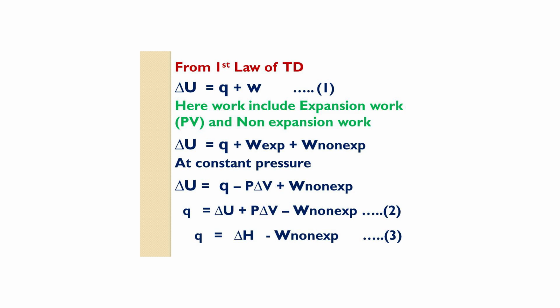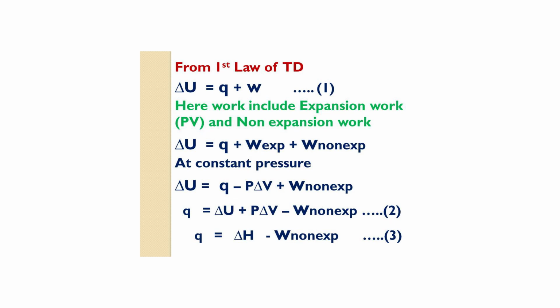Since expansion work is W equal to minus P delta V, at constant pressure, delta U is equal to Q minus P delta V plus work non-expansion. Therefore, Q is equal to delta U plus P delta V minus work non-expansion.